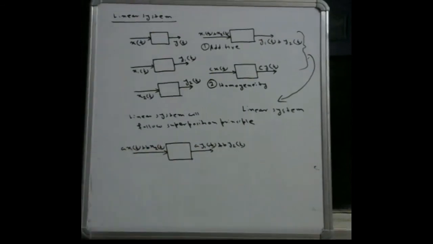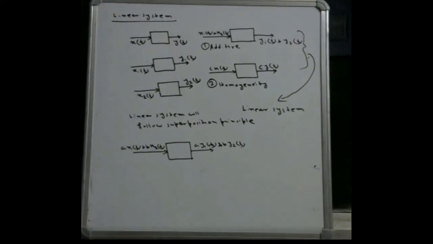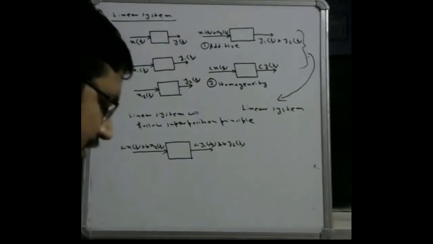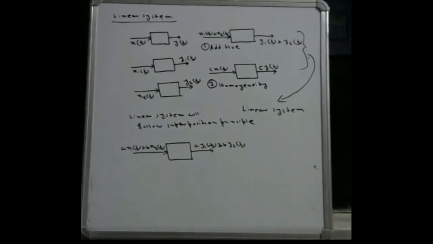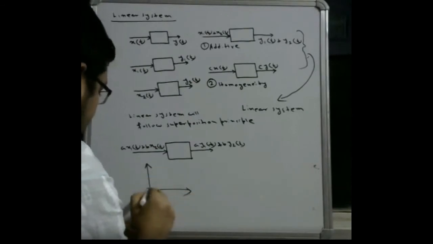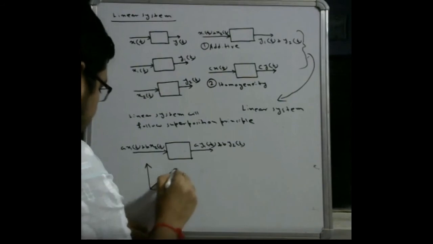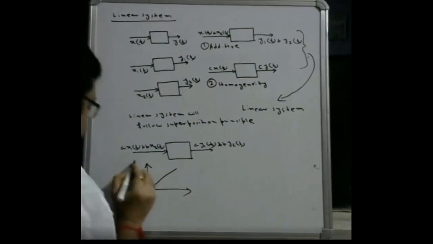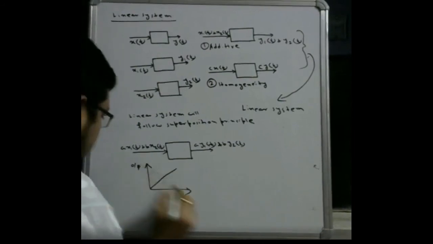Now we have to solve a problem. First we take our well-known system. When we say a system is linear, we are very familiar with the linear characteristic curve, a straight line through the origin. This one is the output and this one is the input.